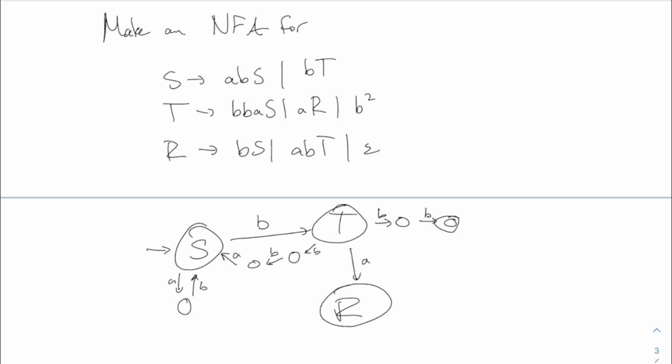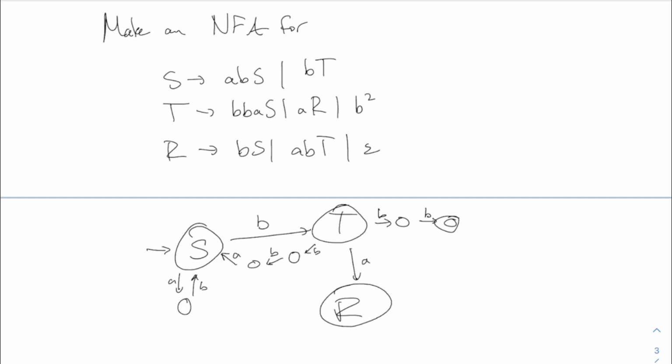How come you couldn't circle the second B when you were going from T to X? All right. Yeah, you could notice that I already have a B and then a B here. So I believe it's the same if I were to just make that an accepting state. Yeah, that's true. To me, it's a little clearer to write it this way, but if you happen to notice that, I think that is correct.